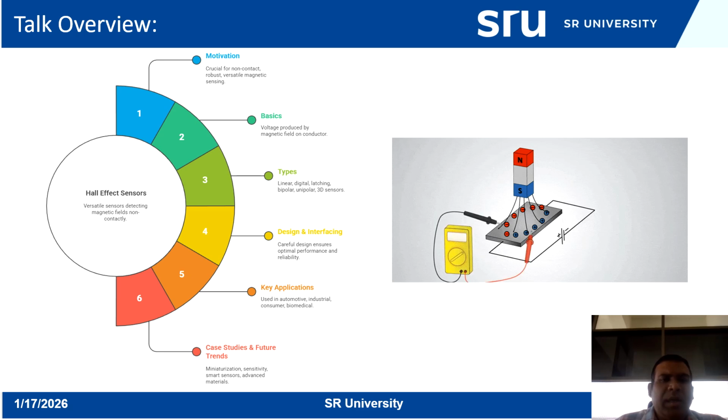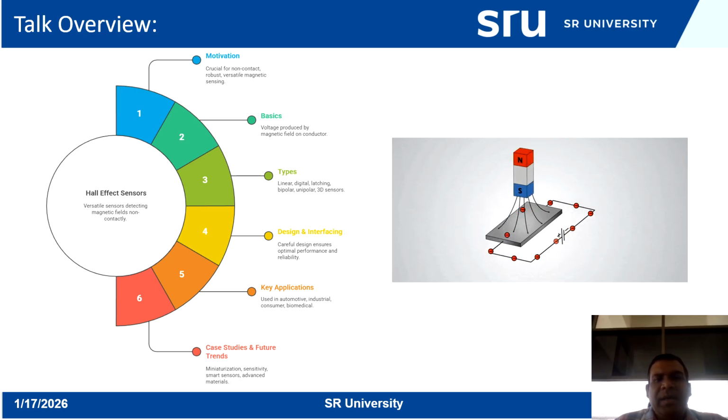Now, after that, I will discuss the case studies and future trends. Here I will discuss practical case studies, like how Hall sensors control a BLDC motor, and how they measure high currents in electric vehicles or inverter applications.